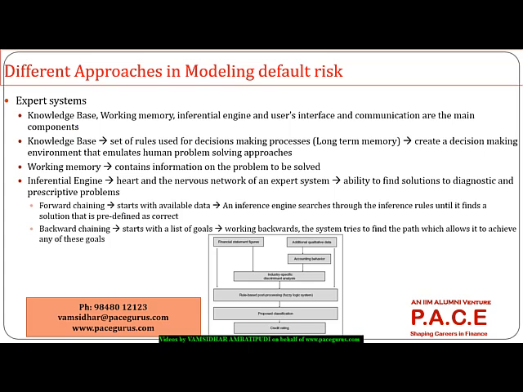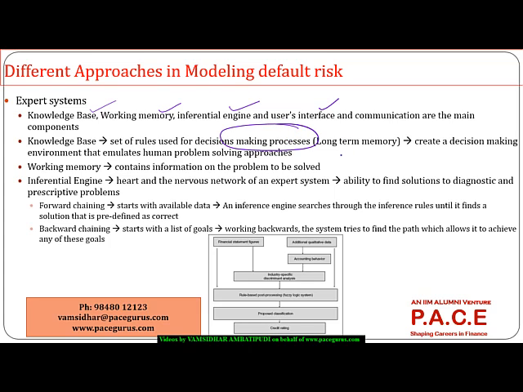So in expert systems, we have a knowledge base, working memory, an inferential engine, and a user interface. They are the major components. If I talk about the knowledge base, we are talking about the rules for the decision making process.